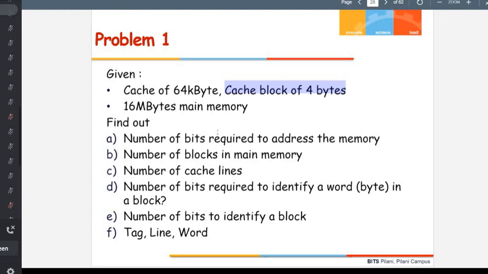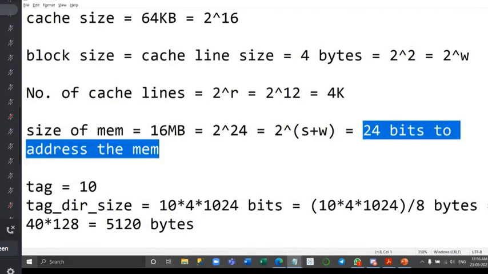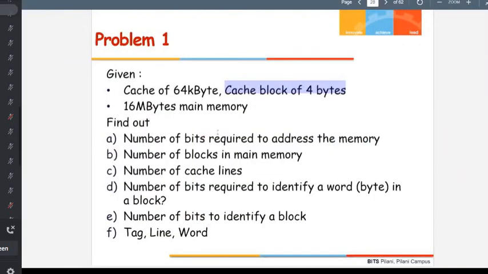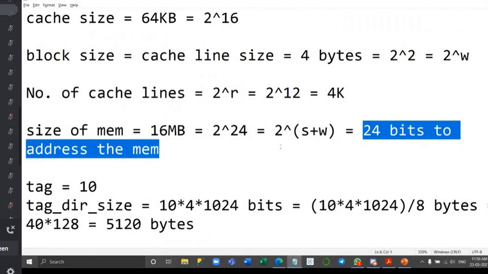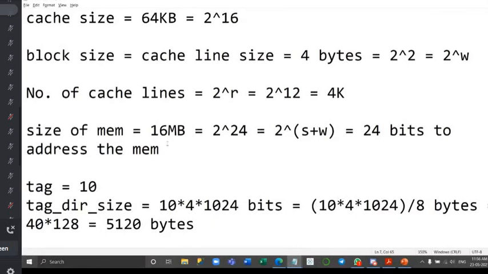So we have the main memory as 16 megabytes, which we wrote as 2 to the power 24. So we know we need 24 bits to address the memory. We'll find each answer here and then we'll go to the solution. So the first answer is the number of bits to address the memory is 24, because 2 to the power 24 is the size of the main memory. Hence, we require 24 bits to address the memory.